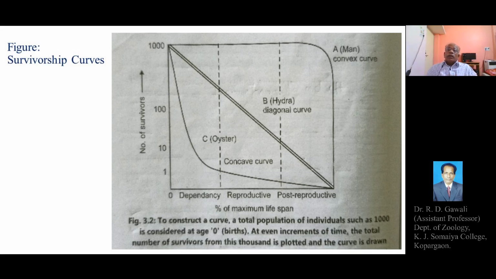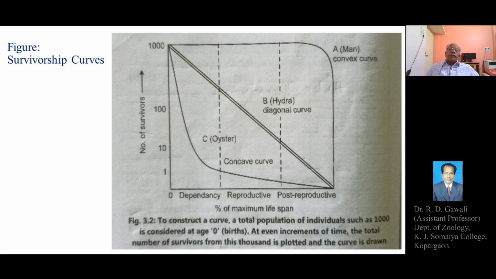Again, in the reproductive life, the next 2 years, 33%, and again in the last phase, or old age, of 2 years, the death rate is 33%. This represents the straight or diagonal curve, and this happens due to the constant death rate of the individuals in a population.